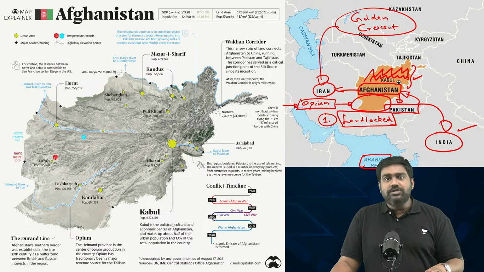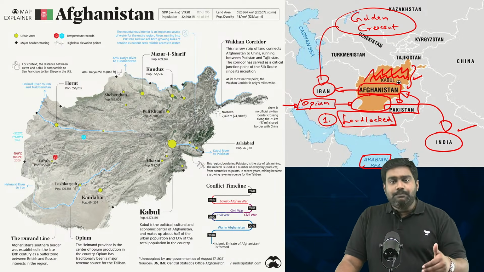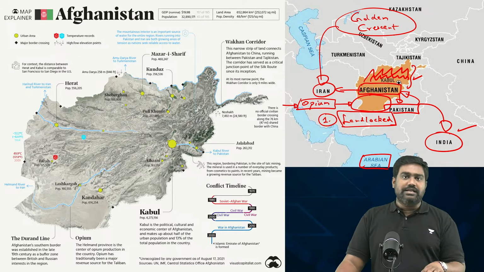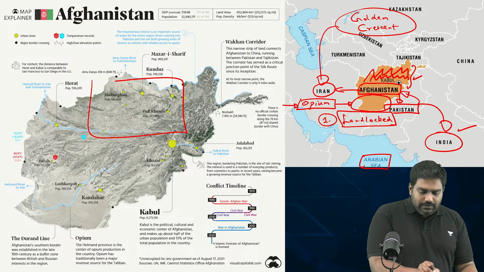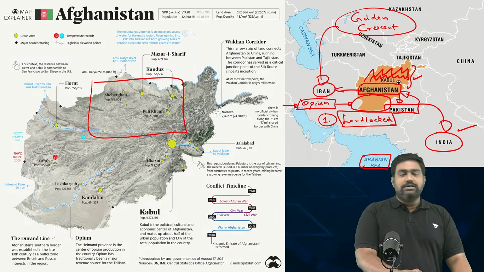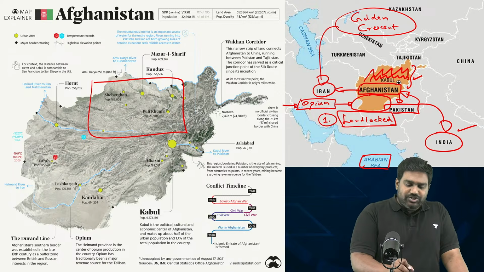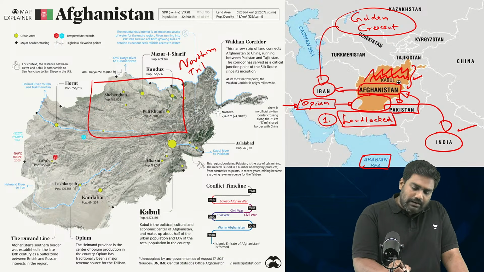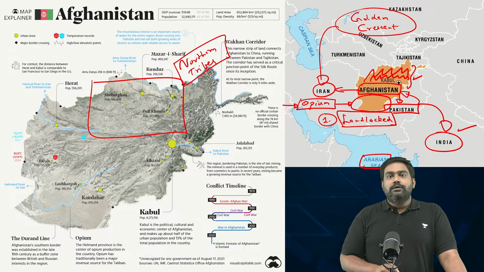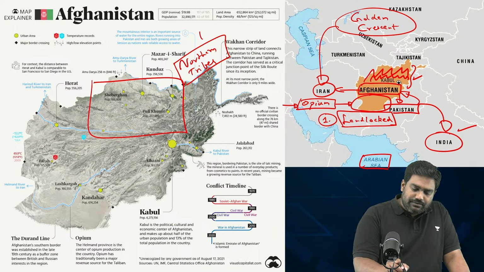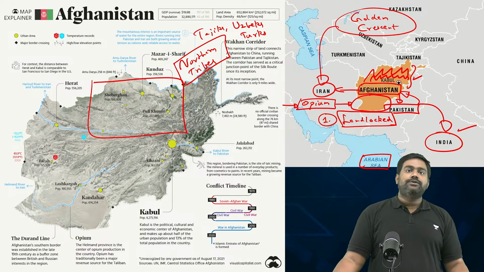Look at the human geographical elements. The northern parts of Afghanistan, especially the mountainous region around Herat, Kunduz, and Mazar-e-Sharif, are dominated by the northern tribes, which are linked with Central Asia. For example, the Tajiks, Uzbeks, Turks, Hazaras, and the others.